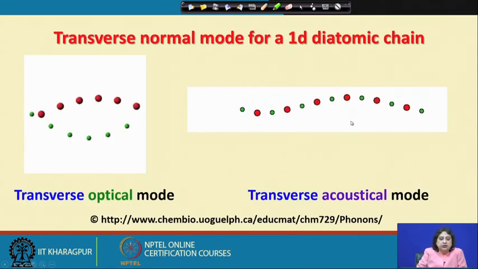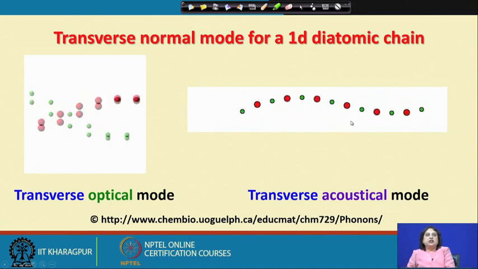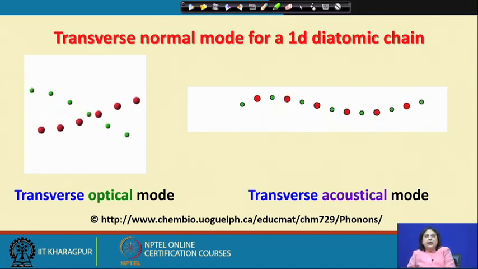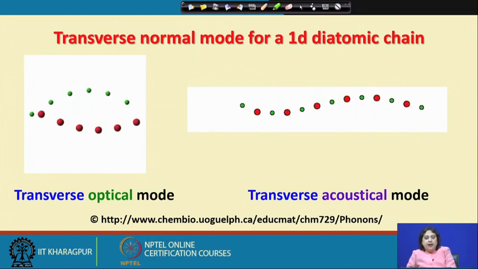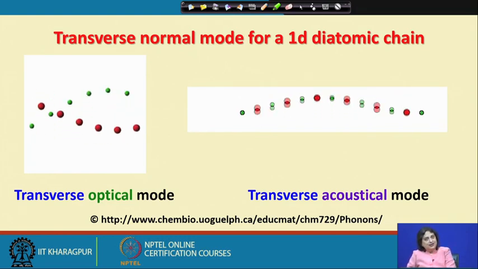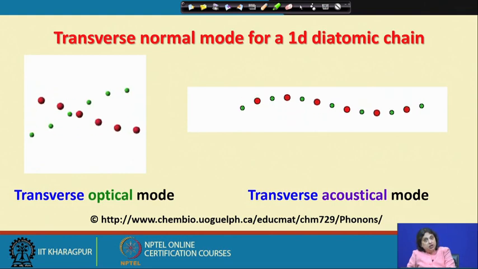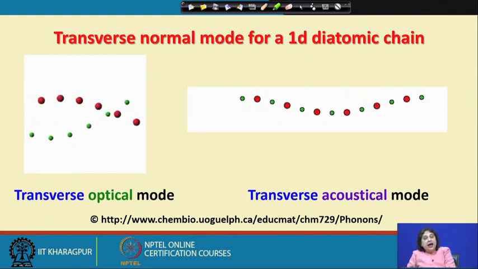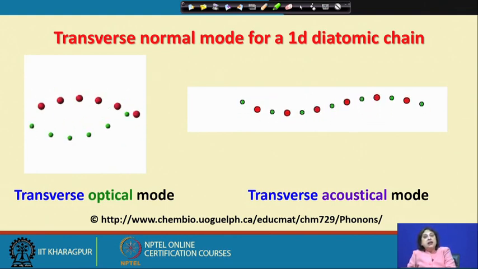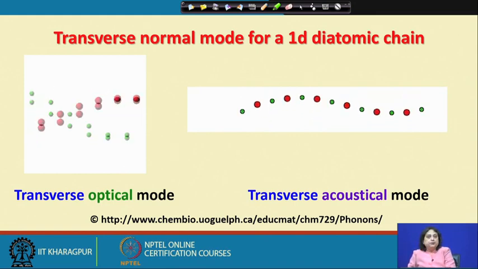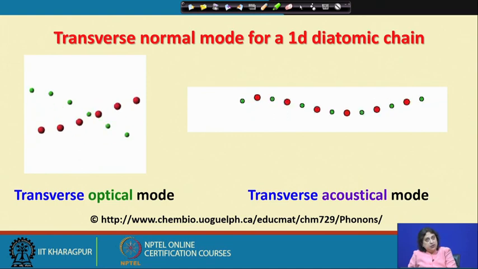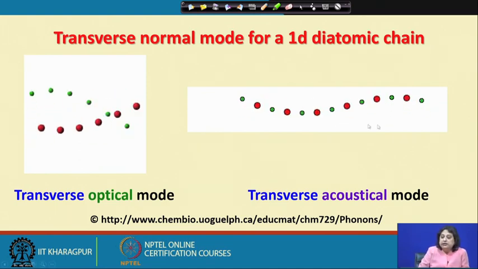So, these are the typical representations of these normal modes in this kind of one-dimensional diatomic chain, and the take-home message is that each of these vibrational modes behaves as if it is an independent simple harmonic oscillator in the given solid.